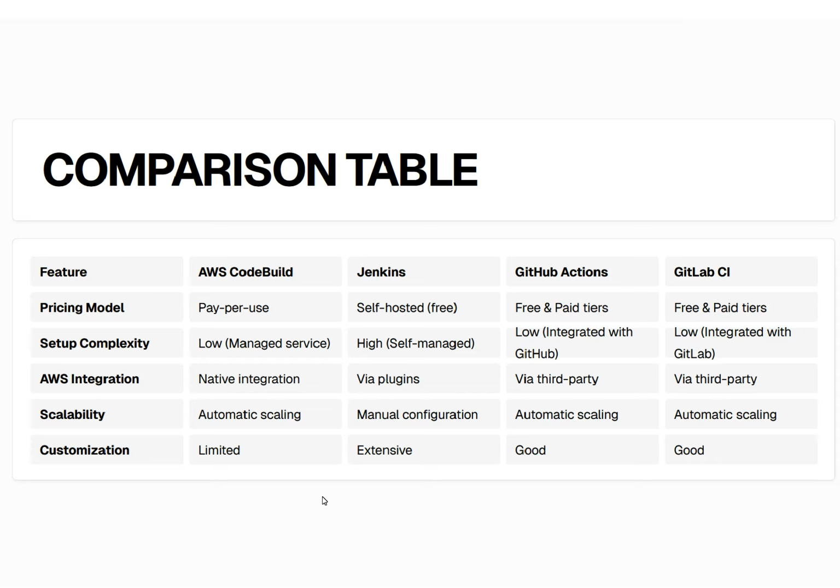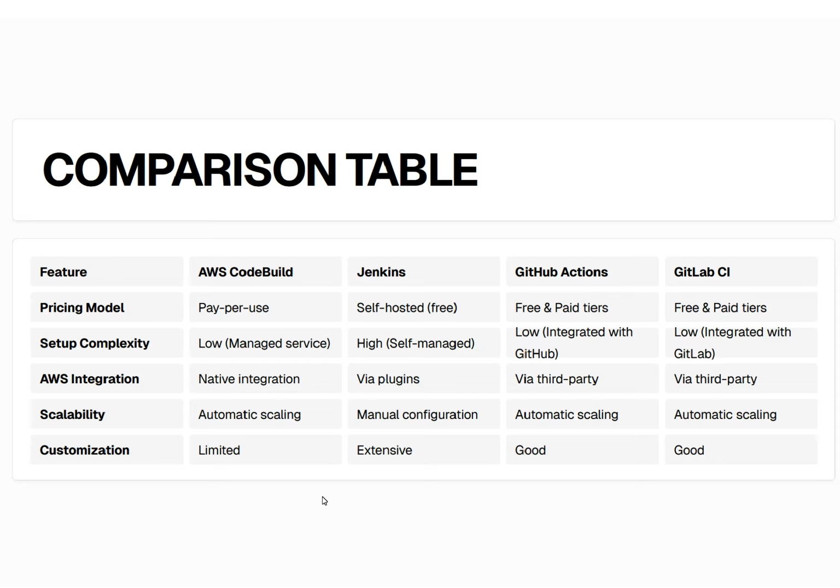The first one is AWS CodeBuild, the second is Jenkins, the third is GitHub Actions, and then GitLab CI, right? With CodeBuild you pay per use. Jenkins is a self-hosted environment, and GitHub Actions has free and paid tiers. GitLab CI also has free and paid tiers.